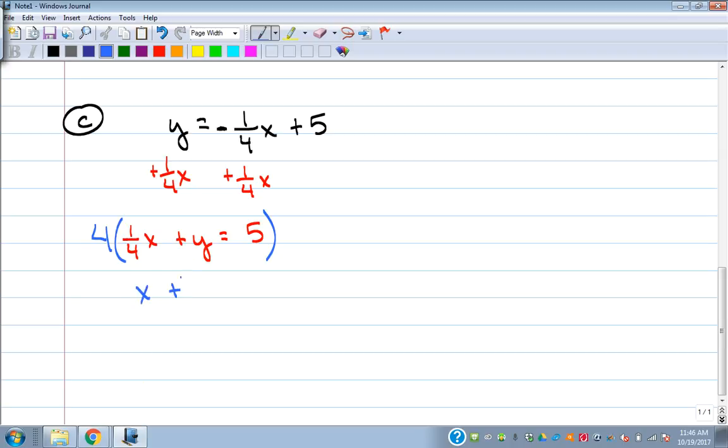What's 4 times y? 4 times 5. 4 times 5 is 20. That is standard form. It doesn't have any fractions in it. X and y are on the same side. That makes standard form. Standard form cannot have fractions in it. That's one of the key pieces that we've got to keep in mind.